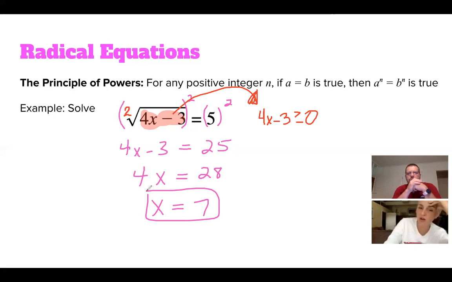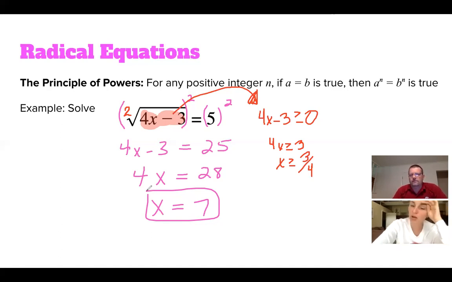So we add the 3 and get 4x is greater than or equal to 3. Divide by 4, and as long as our x value is greater than or equal to 3/4, we're good to go. Is 7 greater than or equal to 3/4? Yes, we're good.